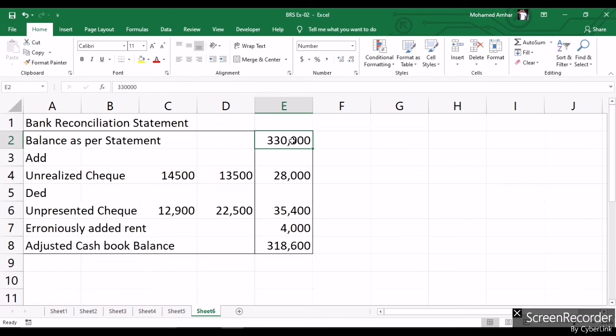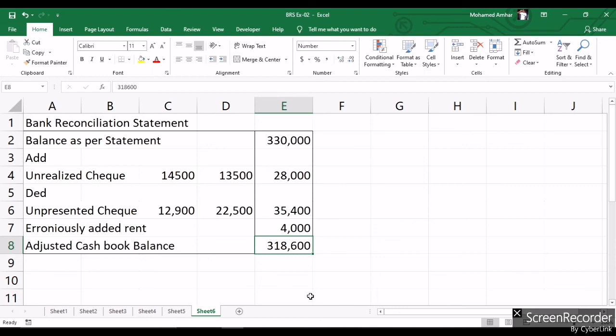So that is wrong, so that should be deducted. Yeah, 4,000 should be deducted. If this 4,000 is deducted, then both balances, that means statement balance and cash book balance, will tally.